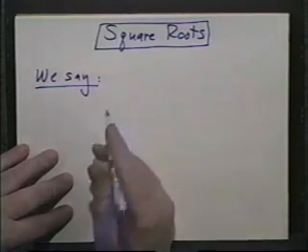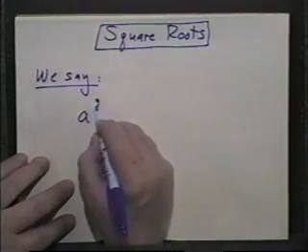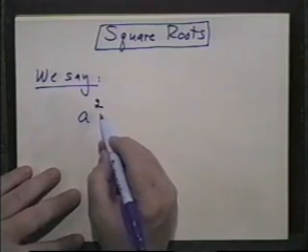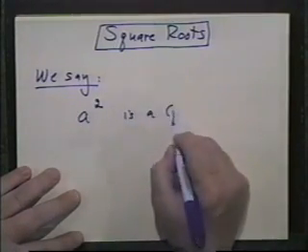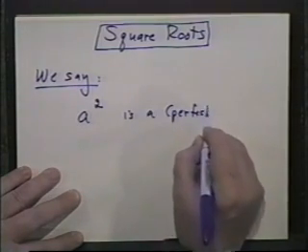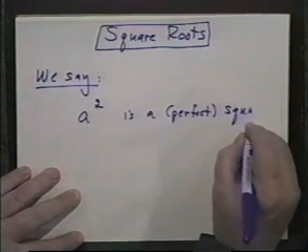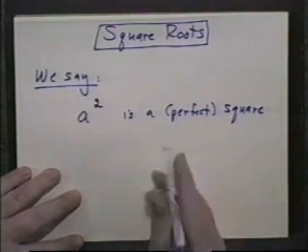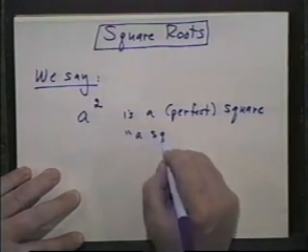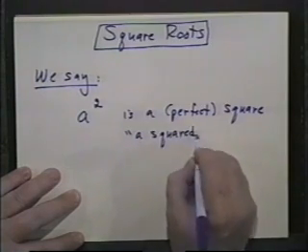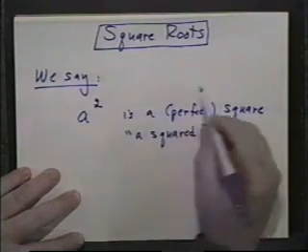Here's what we say. We say a to the second power, remember we say a squared, is a perfect square. Now, why again was that?